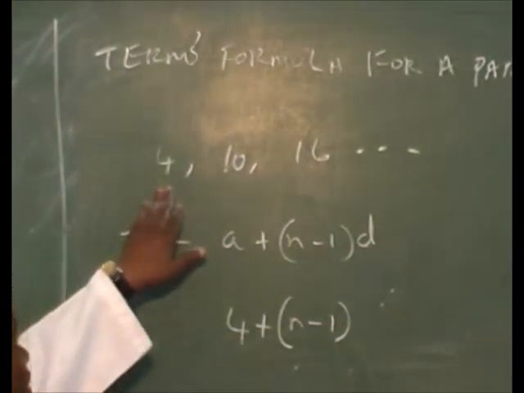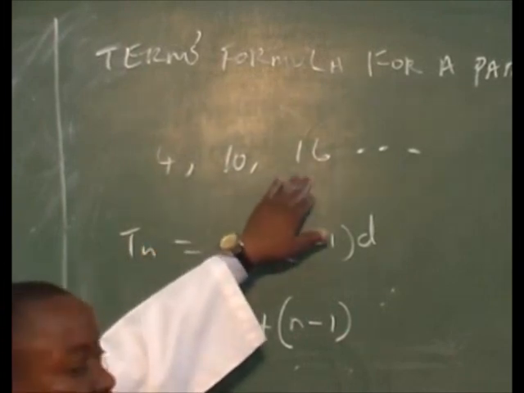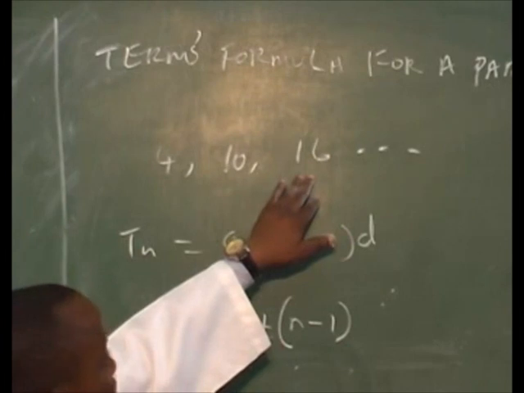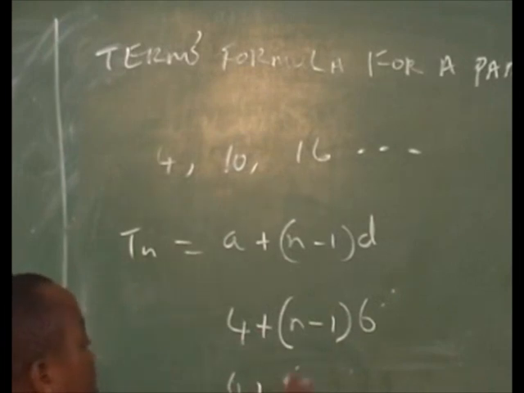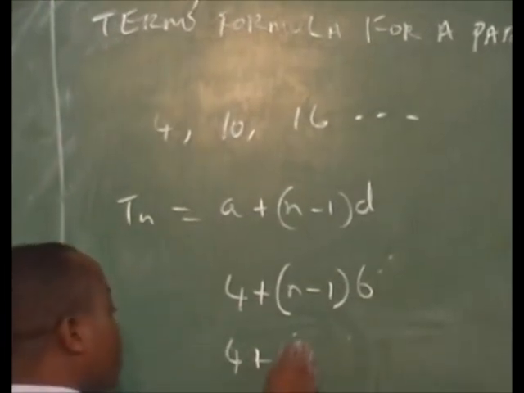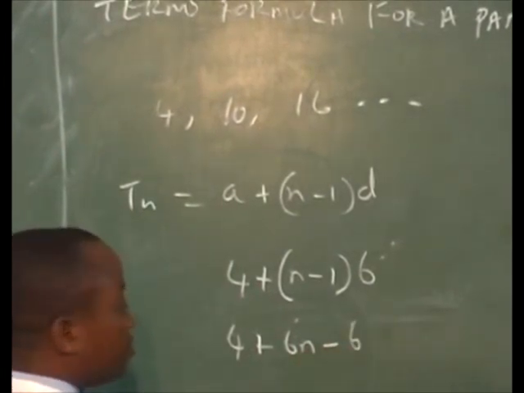We have 4 here, we have 10, so the common difference here is 6. We also have 16, and the common difference is 6. So you can put that 6 here. So 4 plus 6 times n minus 1 will give us 6n minus 2.